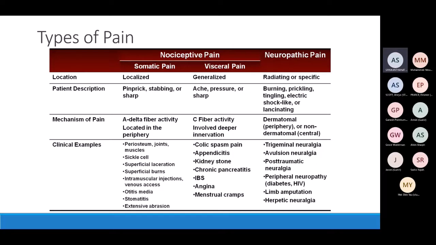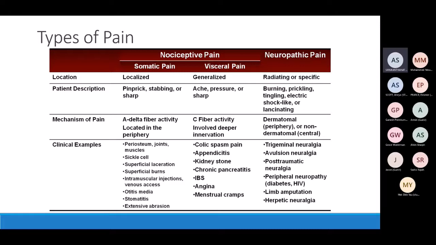And just going through the different types of pain, you've got your somatic, which is more localized pain, like your skin, for example, and muscles. Then visceral pain is more your organ pain, for example your heart and lungs. With a heart attack, for example, you don't feel it in the heart.